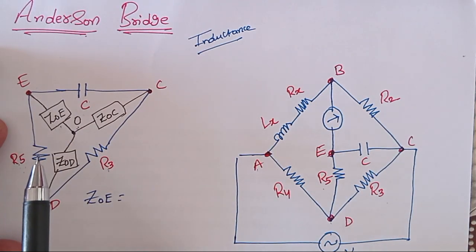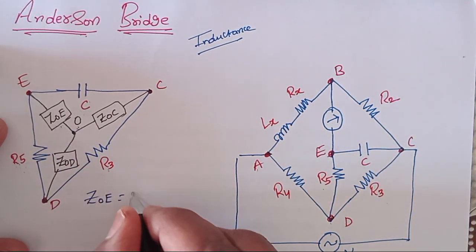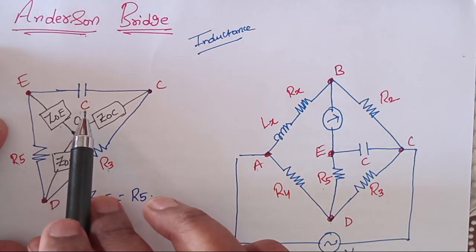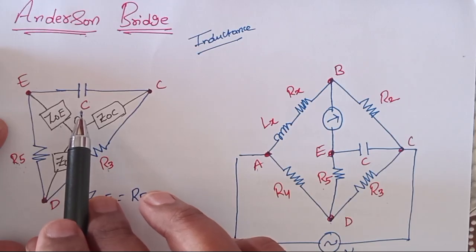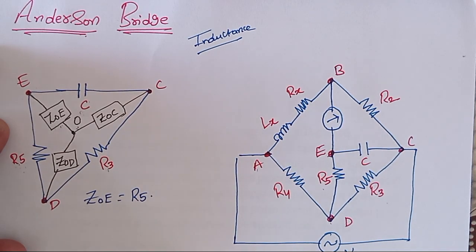That is the existence. So ZOE equals R5 into the capacitor. Its equivalent value is 1 by j omega C from the AC point of view. The capacitance equivalent value is 1 by j omega C in AC analysis. Just remember that.